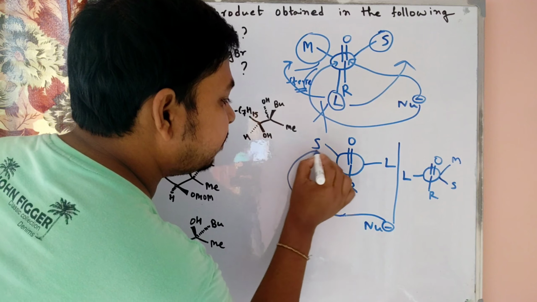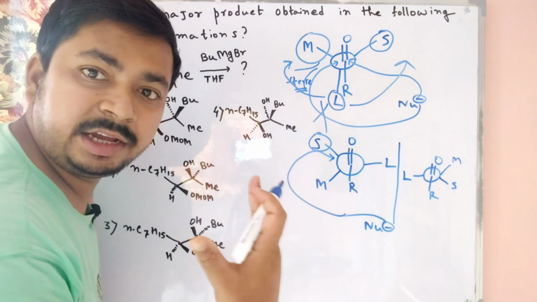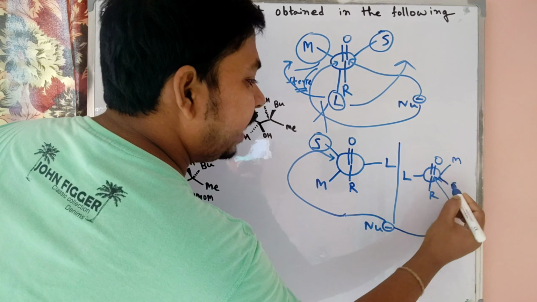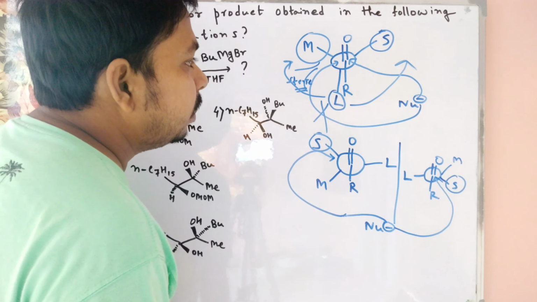We can easily say the attack is on the small group side, because there is no repulsion there, so attack on this side is more favorable.